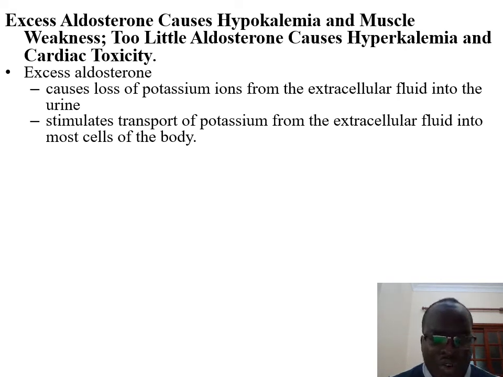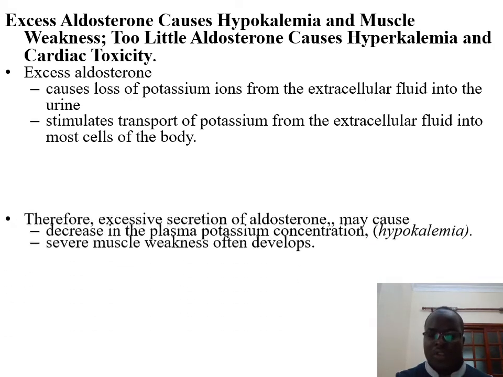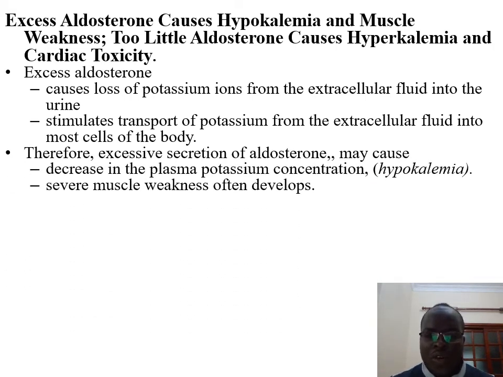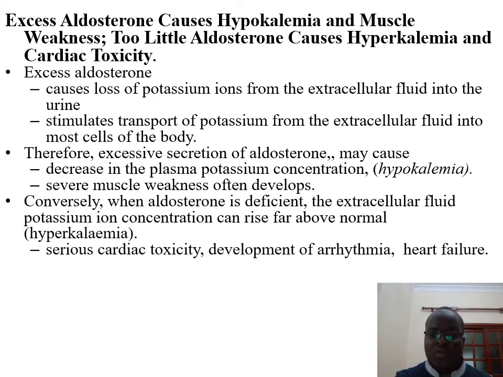Excess aldosterone causes loss of potassium ions from the extracellular fluid into the urine, and stimulates transport of potassium from the extracellular fluid into most cells of the body. Therefore, excessive secretion of aldosterone may cause a decrease in plasma potassium concentration, hypokalemia, and severe muscle weakness will develop.